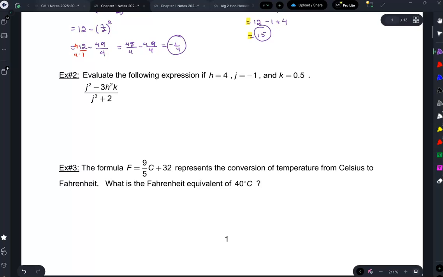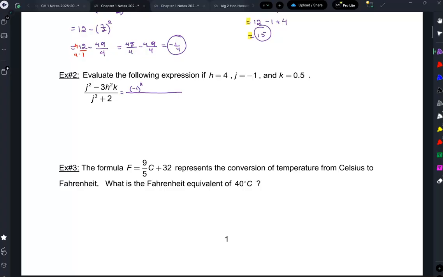This one we have a fraction. You need to keep that fraction bar intact. So the first thing I do is J squared, negative 1 squared. Now, J is negative 1.